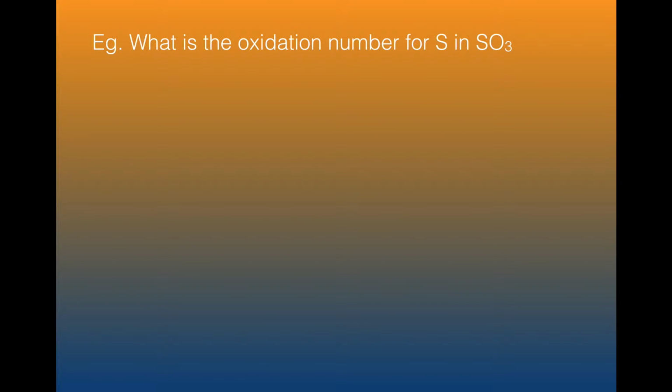So, for an example, what is the oxidation number for S in SO3? Well, we can do a bit of algebra. We can label S as S. Since the oxidation number for oxygen in sulfur trioxide is -2, because it's not a peroxide, we can label -2, and since there are 3 oxygens, we can go -2 times 3.